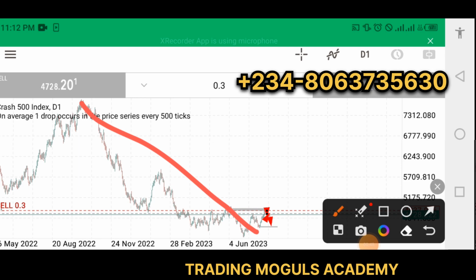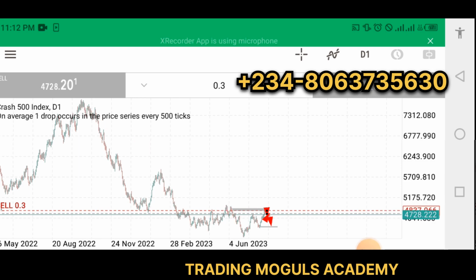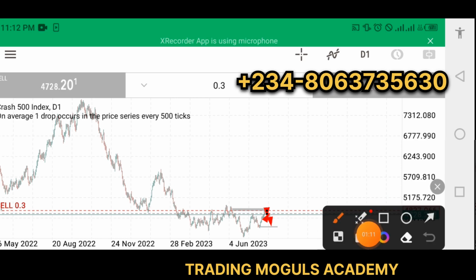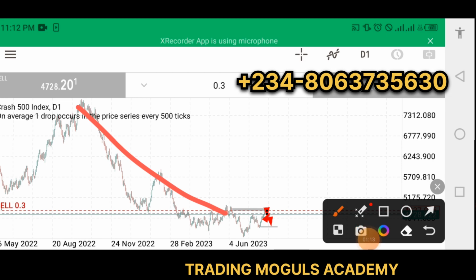Now what else did we do? We started marking out our levels, checking our key levels, marking out our intermediate level, our major level, and our target level. Now, having seen that the chart is bearish, what did we do?